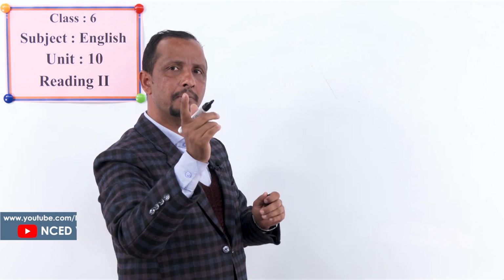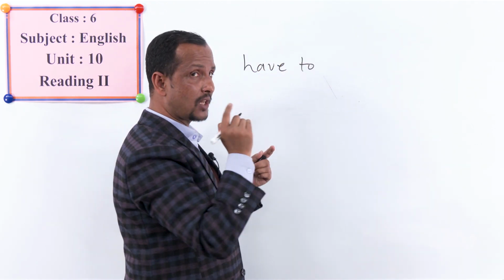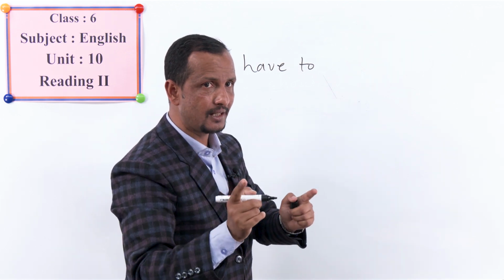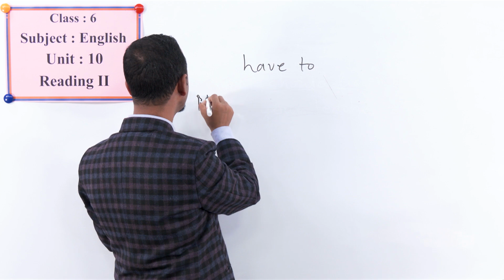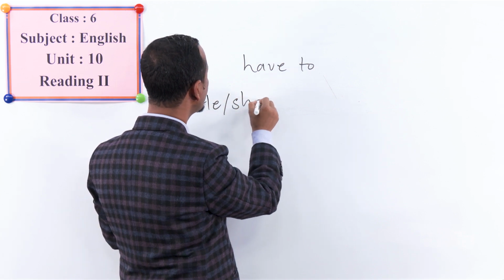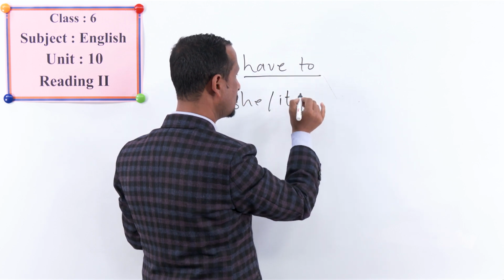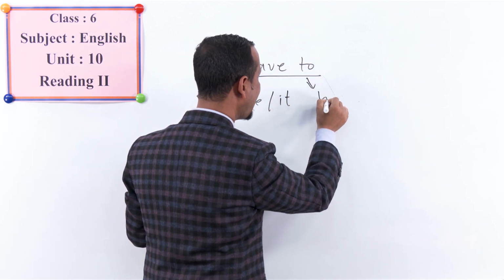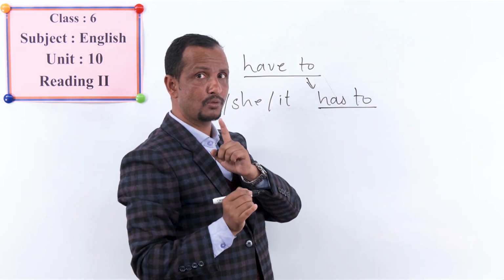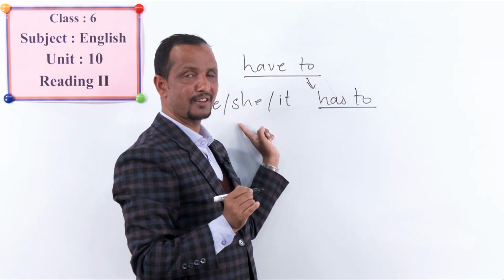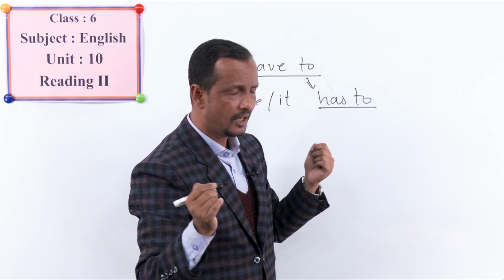But have to can be changed, or we have to change it if it is a singular subject like he, she, it. Have to, we have to use like has to. Singular subject, singular verb, that you know well.